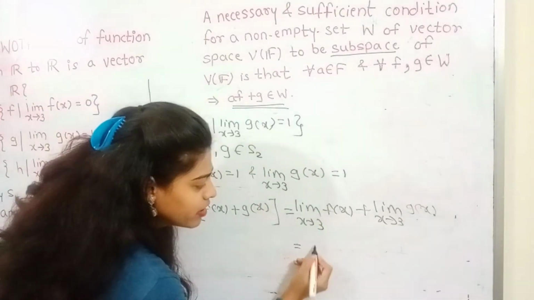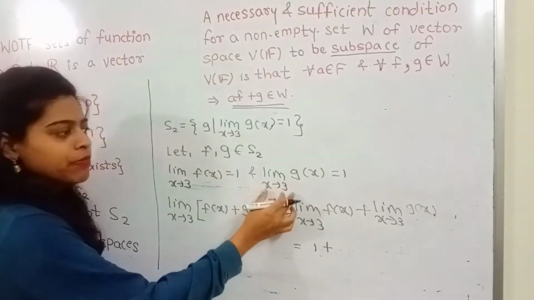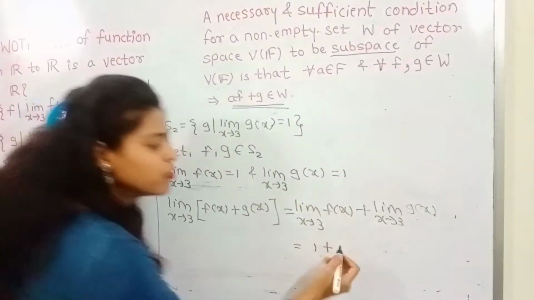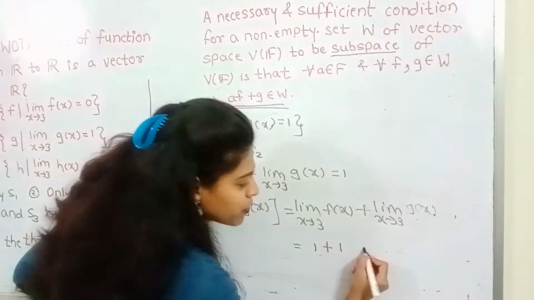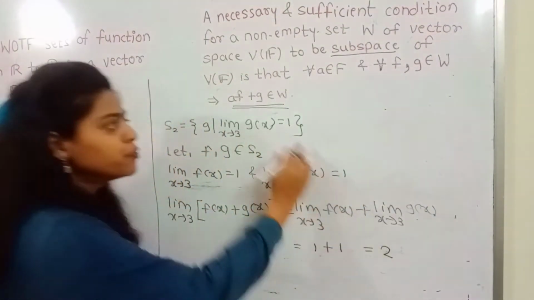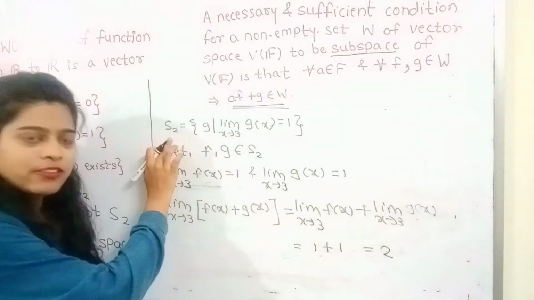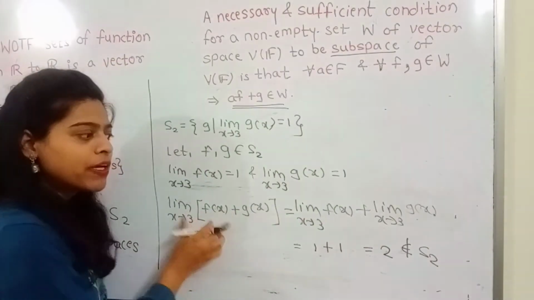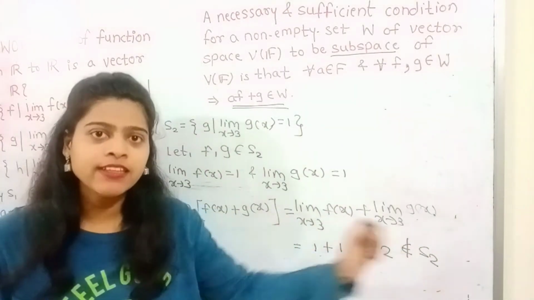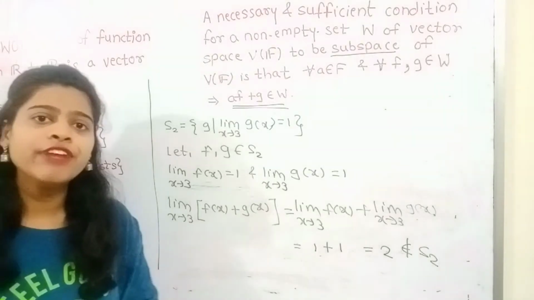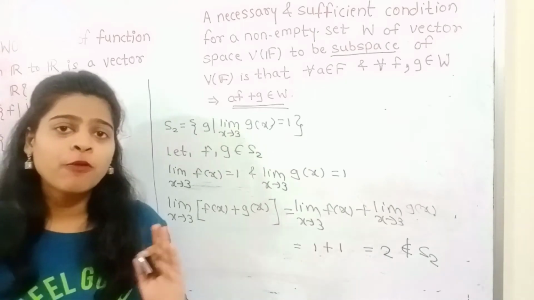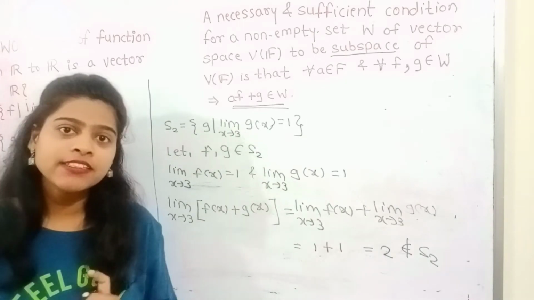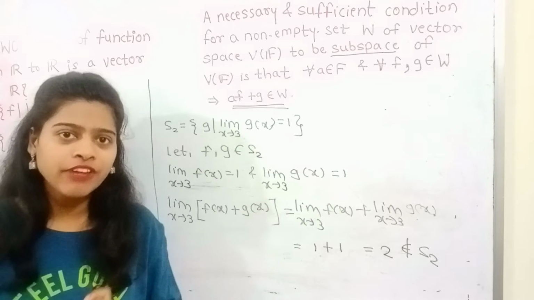Put this value here, that is 1, plus limit x tends to 3 of g(x), which is equal to 1. So 1 plus 1 is equal to 2. But 2 does not belong to S2. Therefore, this property is not going to be satisfied. Therefore, S2 is not a vector space. So from the first condition, S1 is a vector space but S2 is not a vector space.